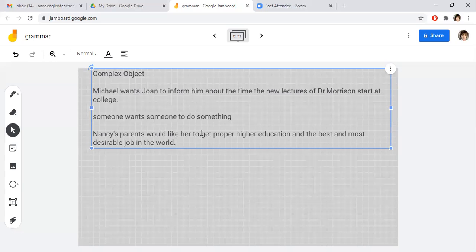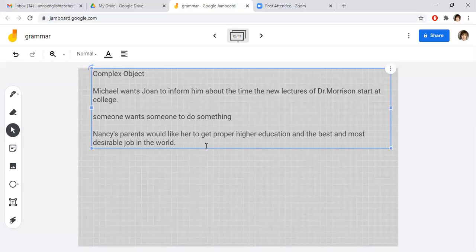And particle to. And then we have the long description of the action, of the desirable thing. The long description of action connected with the desirable thing.